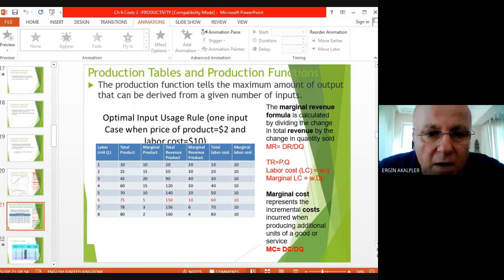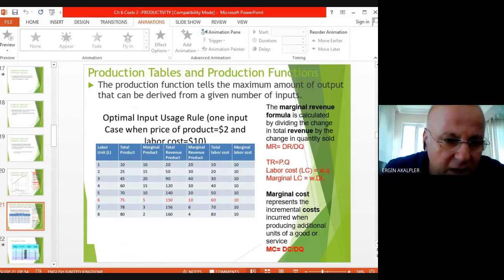The production function tells the maximum amount of output that can be derived from a given number of inputs. Optimal input usage rule: one input case, when the price of the product is $2 and labor is $10. The marginal revenue is calculated by dividing the change in total revenue by the change in the quantity sold.